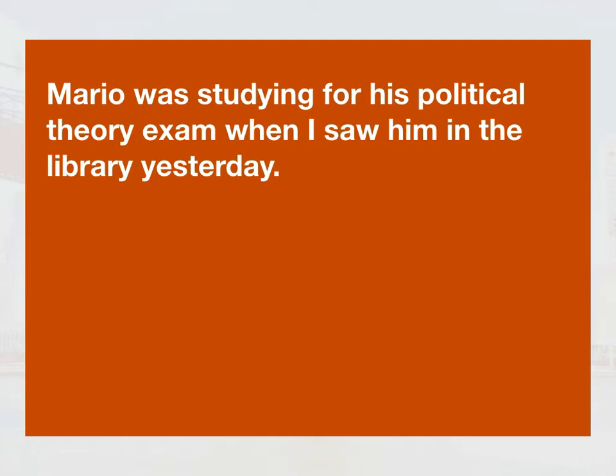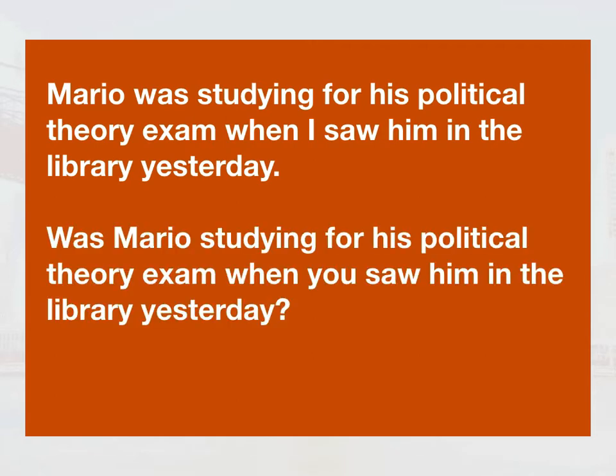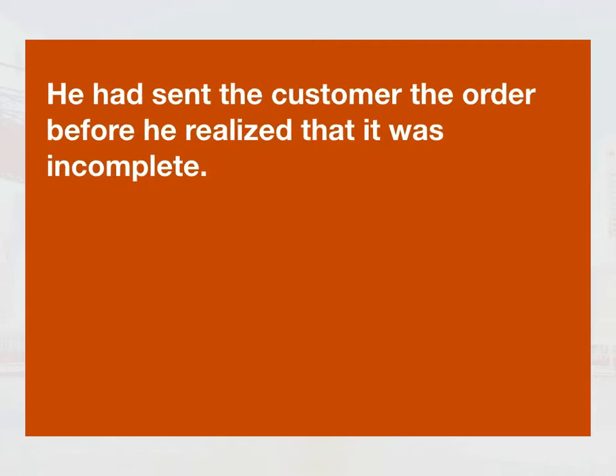So, Mario was studying for his political theory exam when I saw him in the library yesterday. How are we going to make that a question? Okay, pick out the subject, pick out the verb, invert them, and you get, was Mario studying for his political theory exam when you saw him in the library yesterday? Another verb tense. He had sent the customer the order before he realized that it was incomplete.